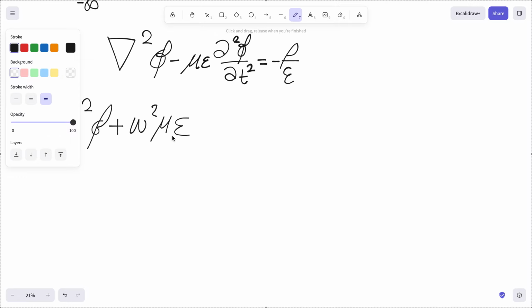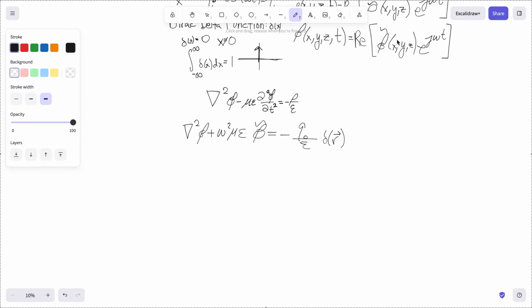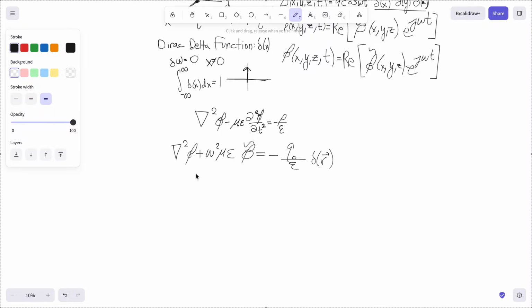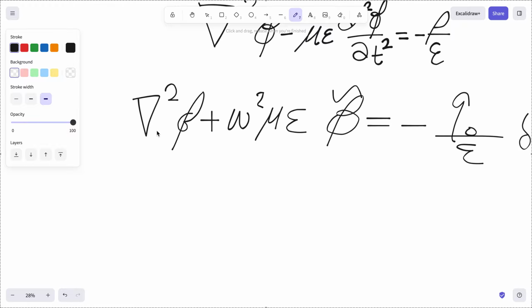So this becomes positive omega squared mu epsilon times phasor phi of x, y, z, and this is equal to minus Q naught over epsilon delta vector r, which is again the phasor for rho.